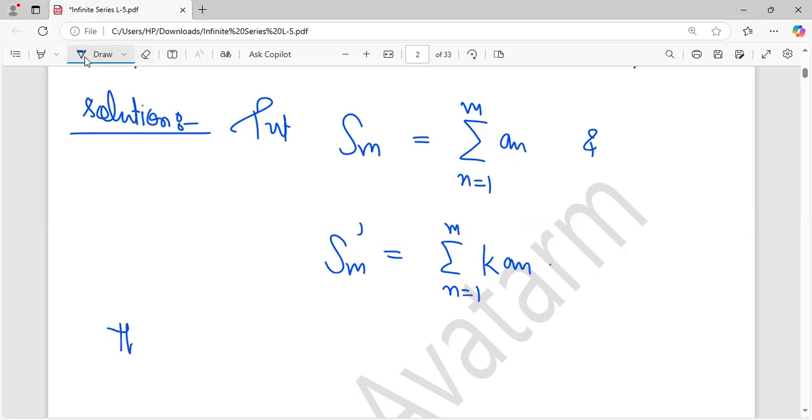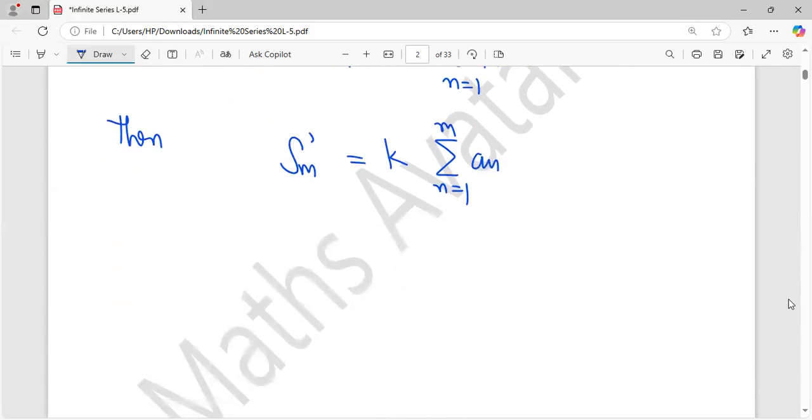Then Sm dash is nothing but you can take k common outside, and sum n goes from 1 to m a n. So what is this?